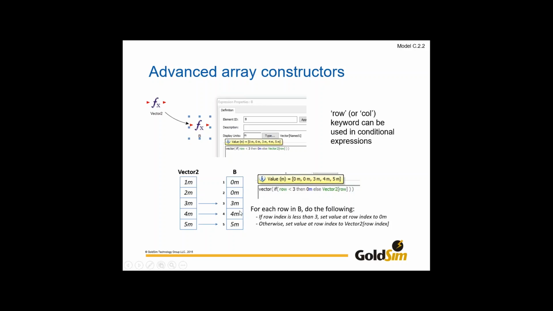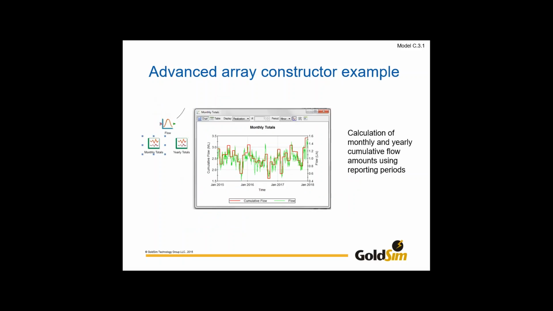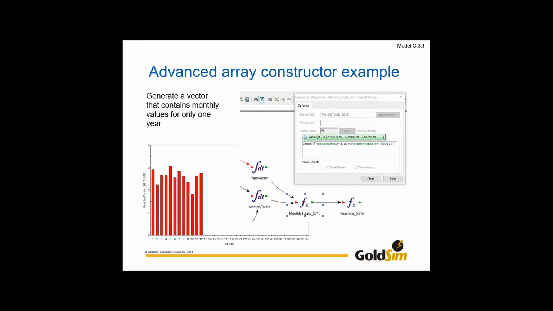If it's 3 or greater, then we pull in a value from this other vector. And that's basically what I was doing in the example that you saw earlier. And so we'll go into that example now. You remember that we calculated this using reporting periods, but we also did our own calculations using expression elements. And so let's open that up.